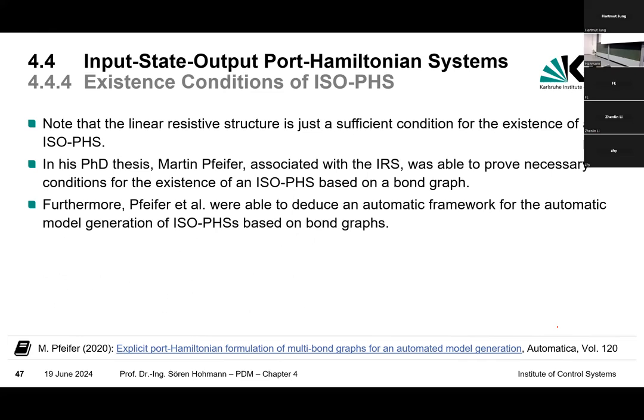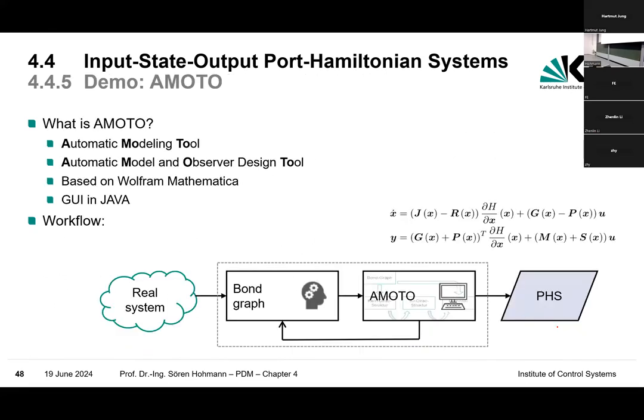And in addition, it's possible to build something like an automatic tool which allows to build port-Hamiltonian systems out of a bond graph. And this is wonderful because you can compile a huge system. And the bond graph, why a bond graph? Because a bond graph is the natural starting point for anything in modeling systems using, for example, Dymola, Modelica, or whatever, Simscape.